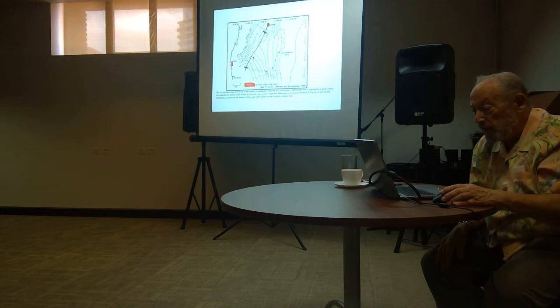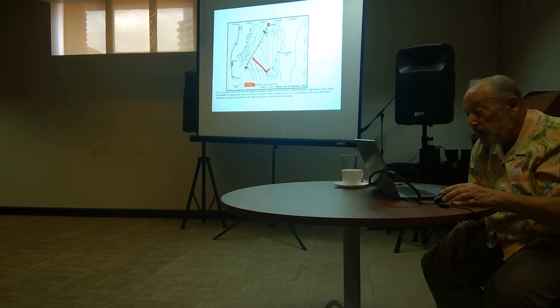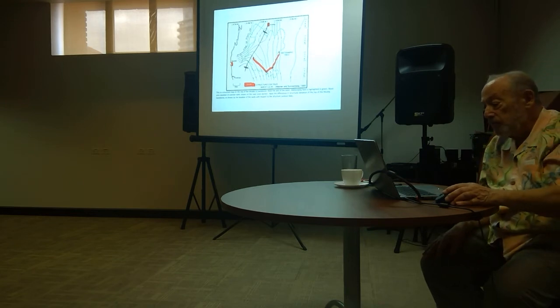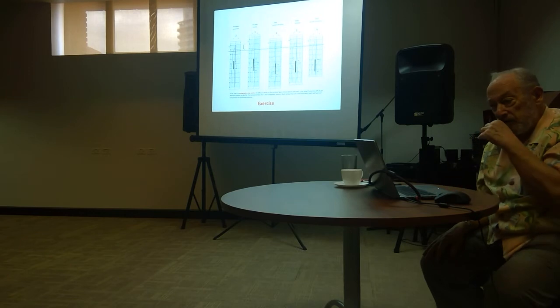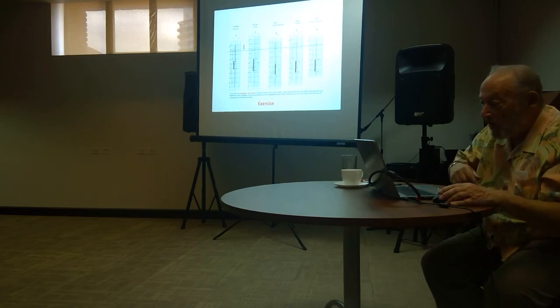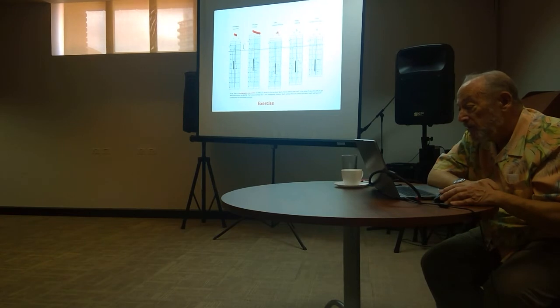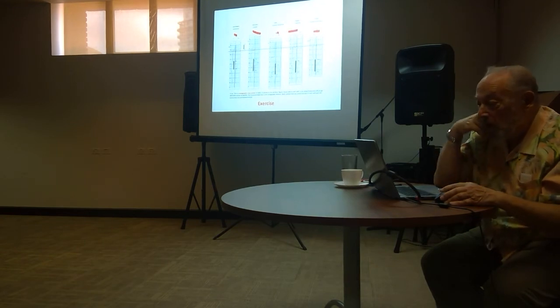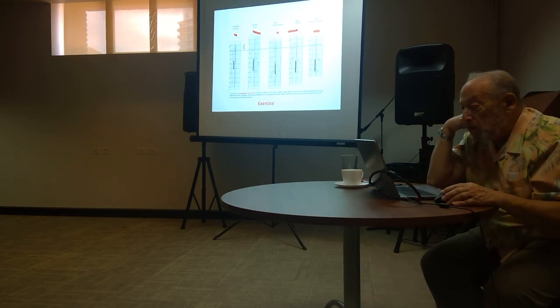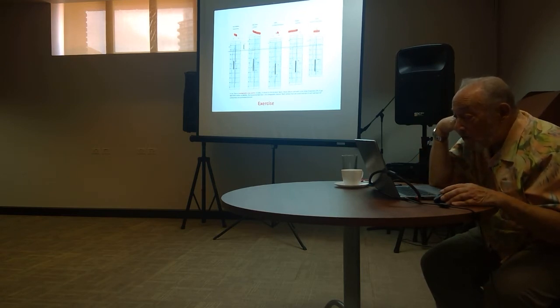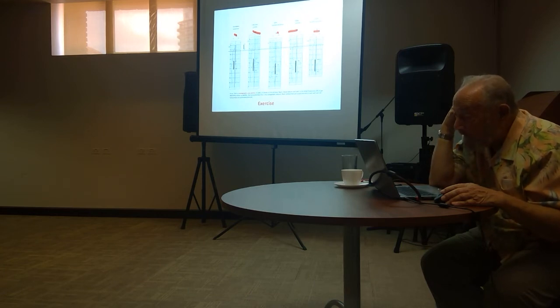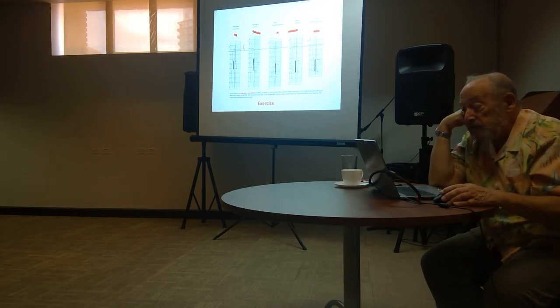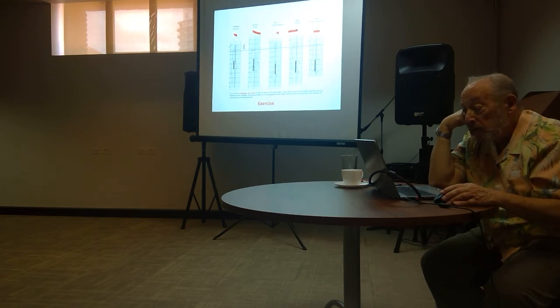Now, what I'm going to show you is a cross-section that goes from well number 2 to well number 3 to well number 4 to well number 5 and then to well number 6. And here's the cross-section: wells 2, 3, 4, 5, 6. These logs are either SP or gamma ray logs, and you can see where a sand body is here. Draw that in.